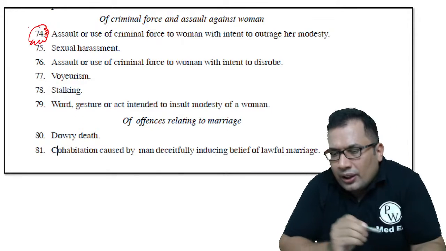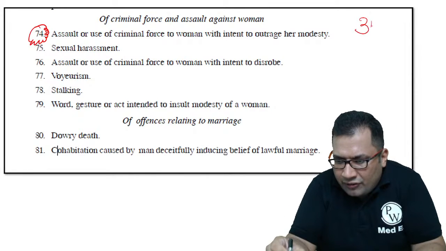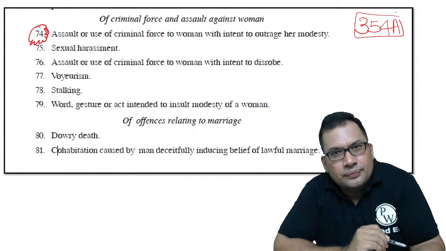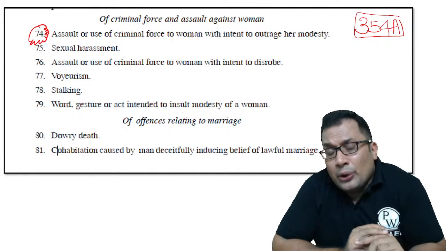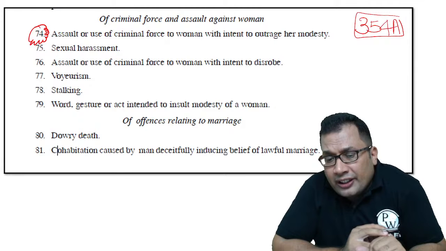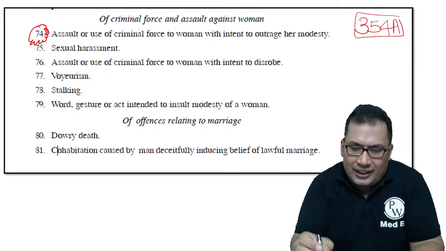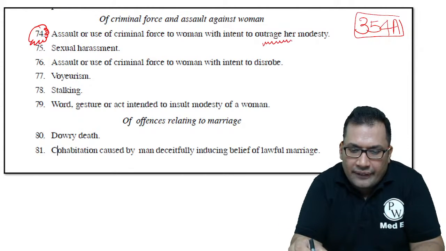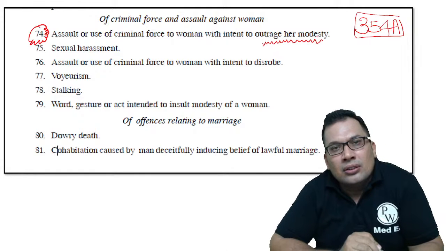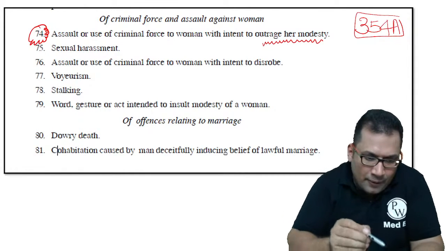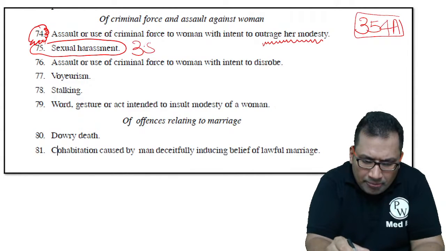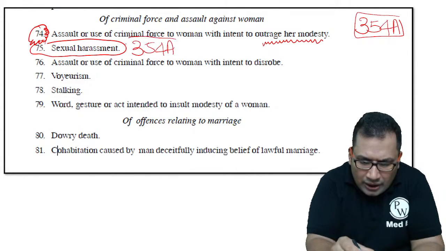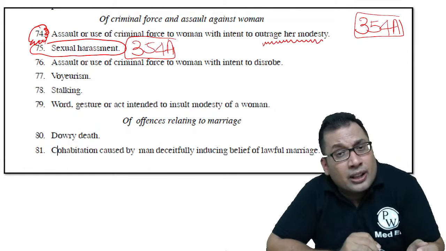It is 354A, we used to study, right? 354, indecent assault: assault or use of criminal force on a woman with intent to outrage her modesty. 354 it was. Now it is 74 BNS. 75, that is 354A, sexual harassment. It also includes sexual harassment at the working place.